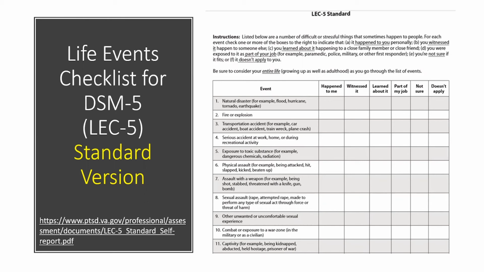Look at the events here. It has a whole list of events: natural disasters, fire, transportation accidents, accidents at work, assault, sexual assault. And then look at the categories across this grid: happened to me, witnessed, learned about it, part of my job, not sure, doesn't apply.